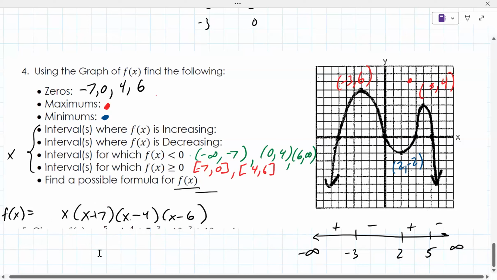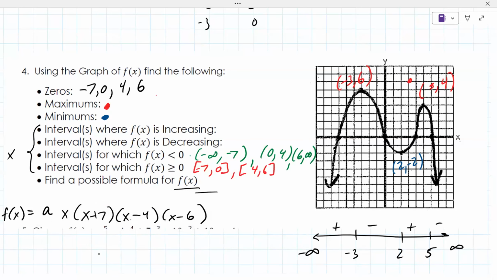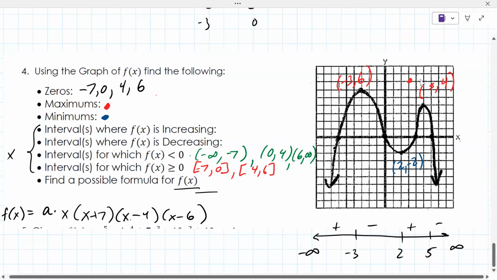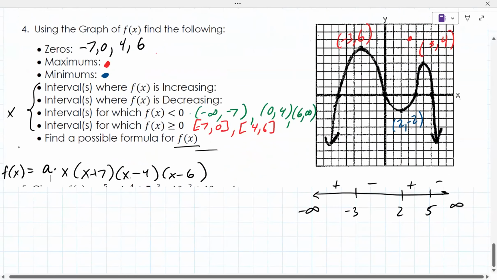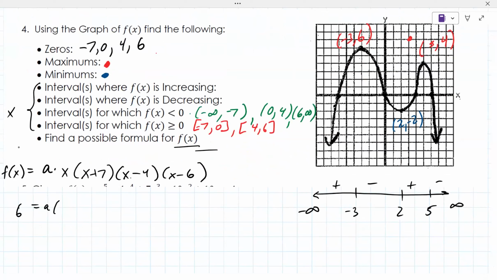Your teacher probably will want that. So to find that value of a, you would use one of these other points. You can use factored form to find it. You could do 6 equals a times (-3 plus 7) times (-3 minus 4), and go from there.